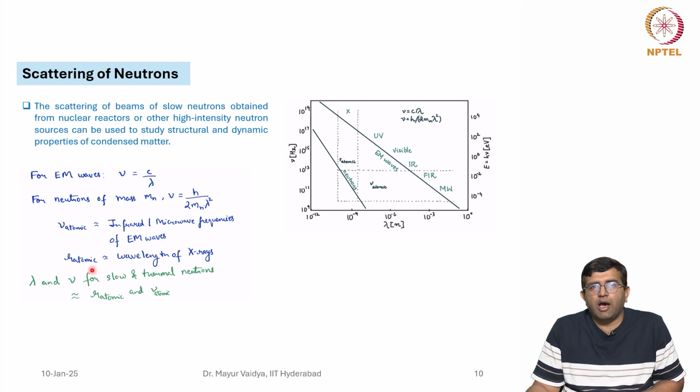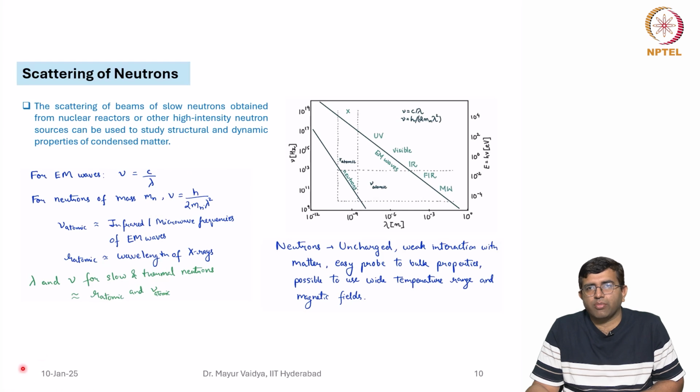The R atomic here refers to the interatomic distances, which are equivalent to the wavelength of X-rays. Now, lambda and nu for slow and thermal neutrons are equivalent to both R atomic and nu atomic. So, that is why the use of neutrons allows us to probe the structural and some of the dynamical properties of condensed matter.